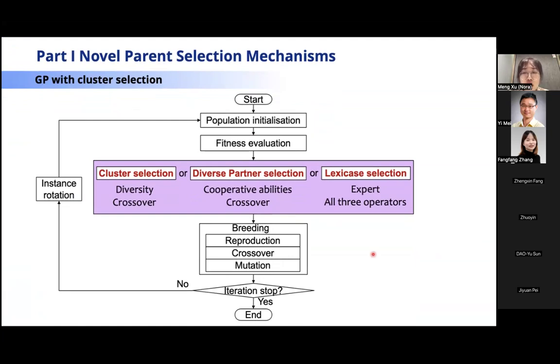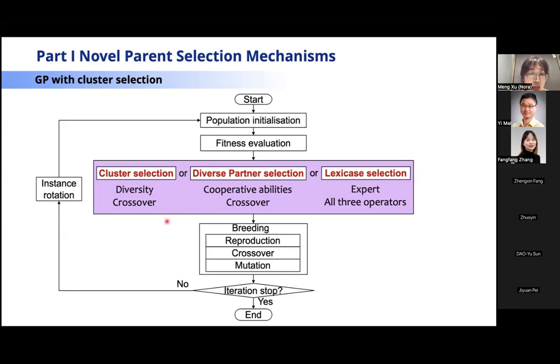So first, that's about novel parent selection mechanism. Overall, we propose 3 parent selection methods. All of them are expected to improve population diversity and finally enhance scheduling performance. So the first one is the cluster selection. Well, this method is straightforward. We divide individuals in the population into different clusters or groups based on their behaviors.